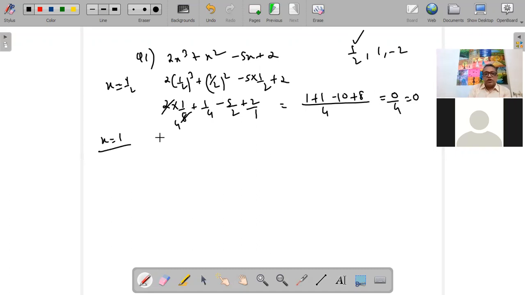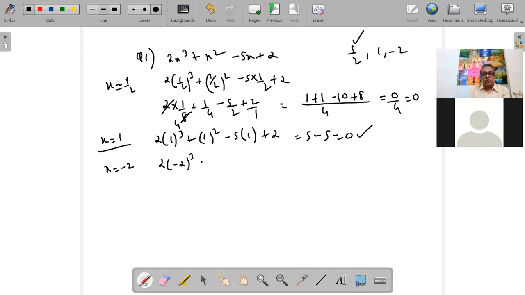Now I am putting x as 1. So I am going to get 2 into 1 cube plus 1 square minus 5 into 1 plus 2. 2 plus 1 is 3, 3 plus 2 is 5, minus 5. Here also I am getting 0. Then I'm going to put x as -2. So 2 into -2 cube plus -2 square minus 5 into -2 plus 2.